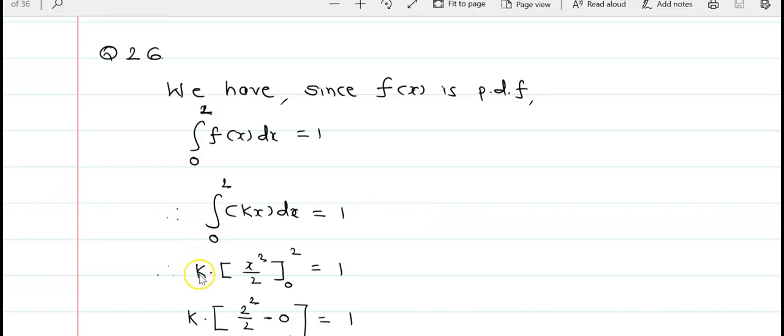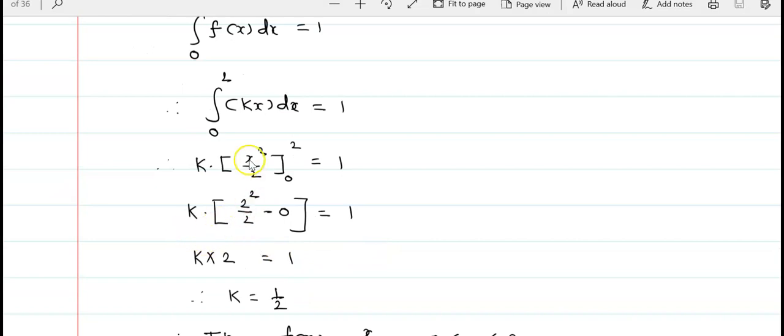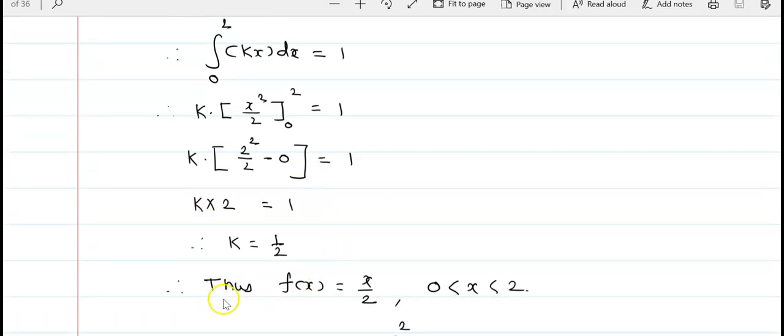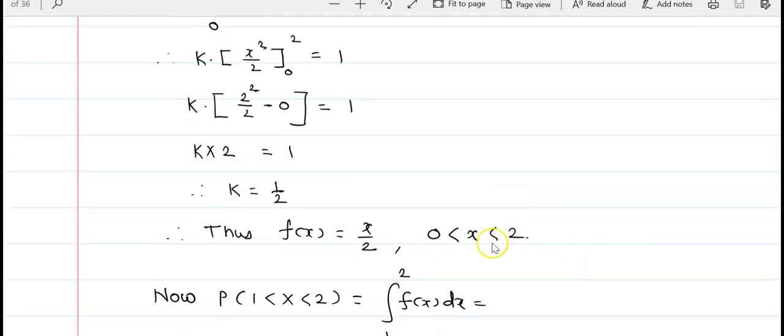Here k is constant, the integral of x is x square upon 2, from 0 to 2. That is k into 2 square upon 2 minus 0, that is k into 2 is equal to 1, k is equal to 1 upon 2. Thus, f of x is equal to x upon 2, where x lies between 0 to 2. And next is the probability where x lies between 1 to 2.